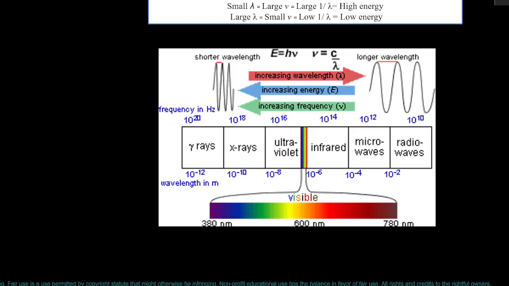A good trick to remember is that violet is next to the ultraviolet region of the spectrum, and therefore this means it should be of a higher energy as compared to red light, which is of a lower energy, that is a longer wavelength, and it should be of a lower frequency, and red light is closer to the infrared region.